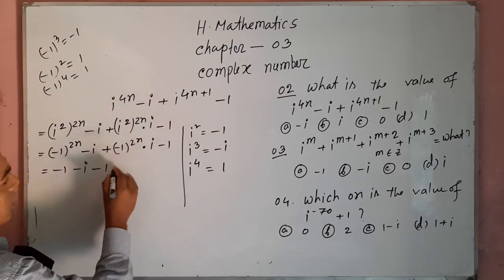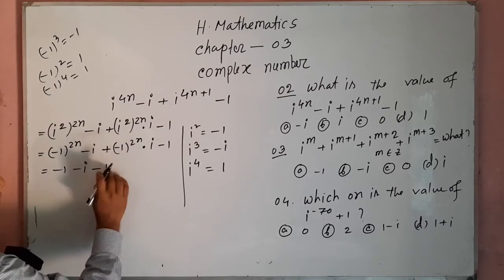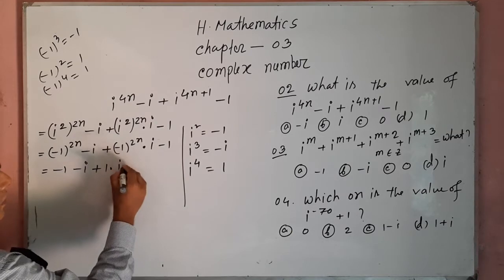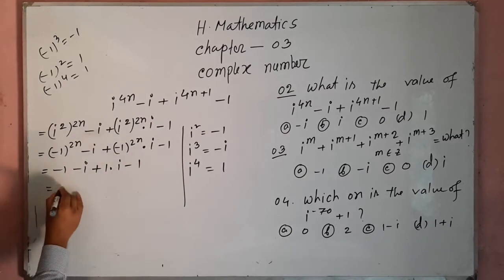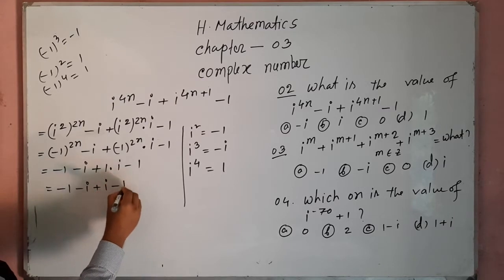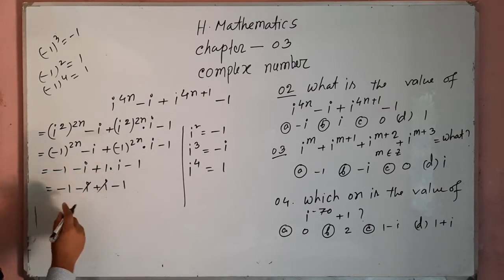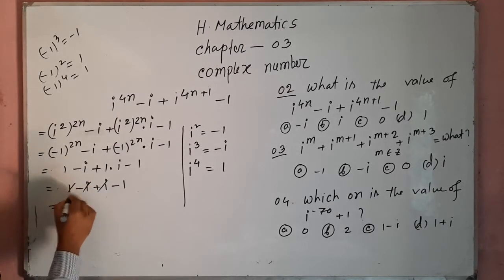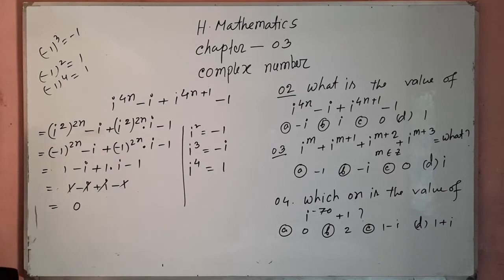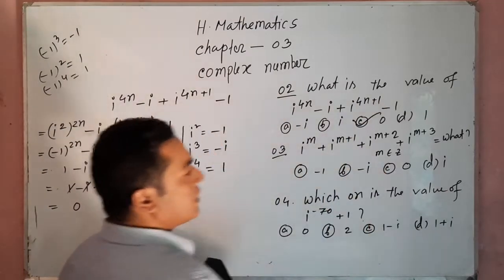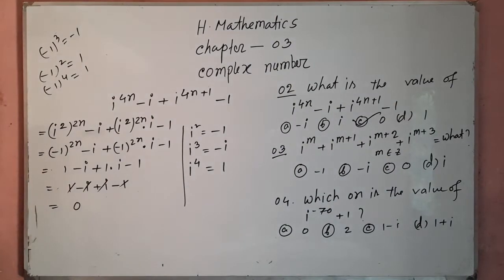Okay, so this is our 1, this is 1 into i minus 1. So minus 1 minus i plus i minus 1. Then this is also 1. Okay, so it is equal to 0. So our answer is 0. C is our answer.